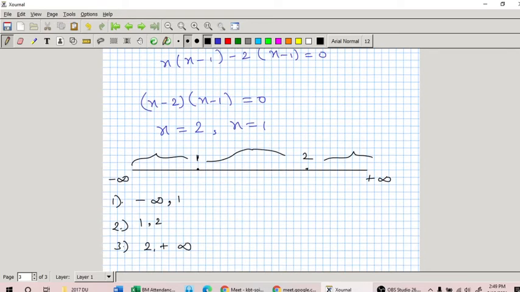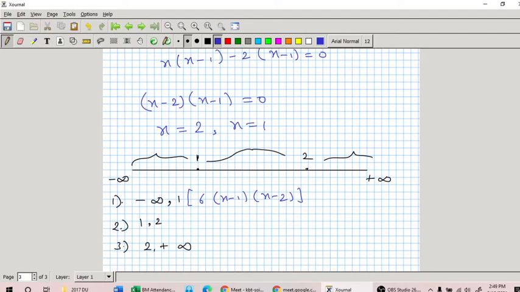So by putting the values, like we put any value less than 1. So let's put the value of 0. So we have the function like this, 6(x minus 1)(x minus 2). This was the change in total production function. This is the slope.